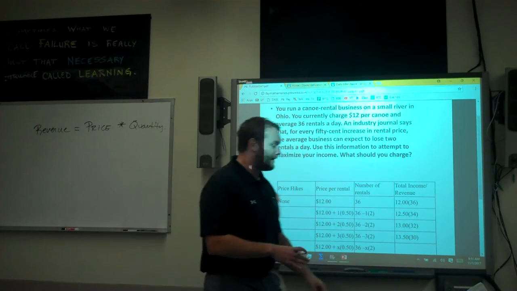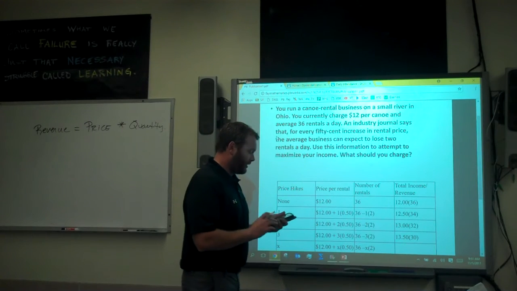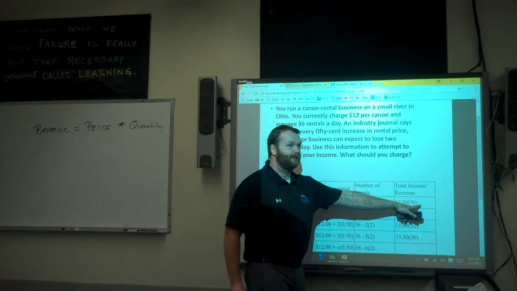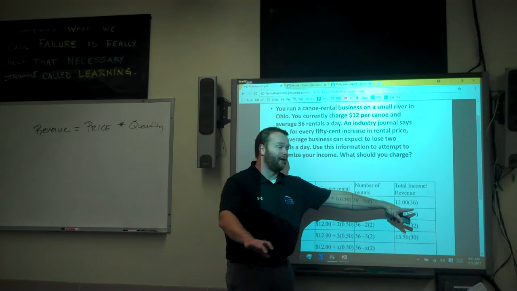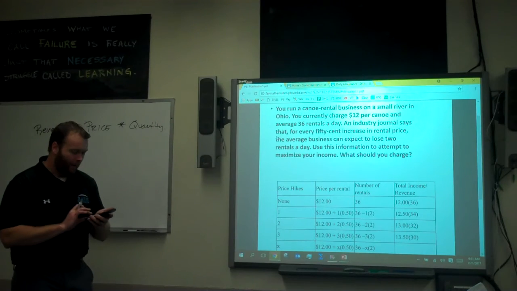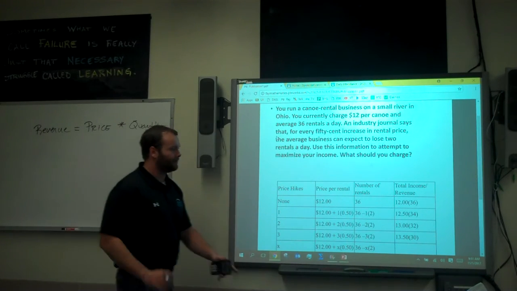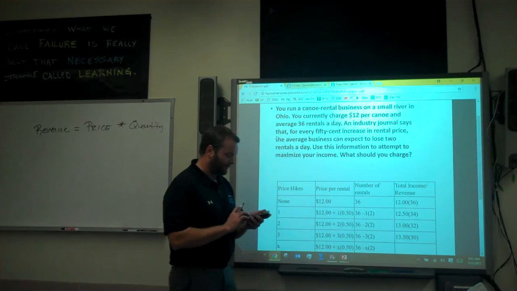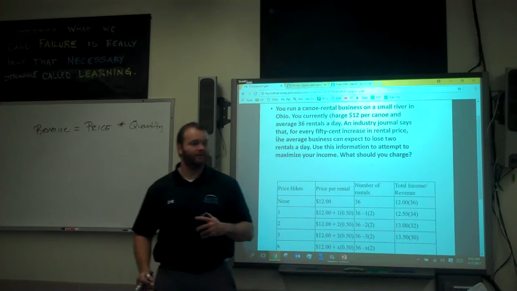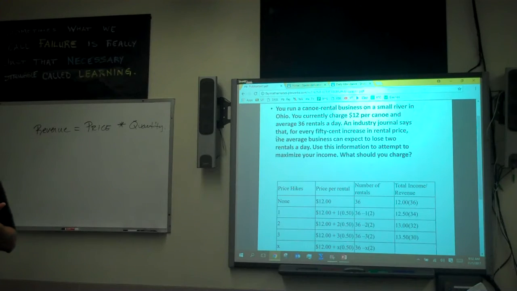So even though I made an increase and I lost customers, if I go 12 times 36, that number right there is $432. So not changing anything with my business, I make $432. Well, if I make one price increase and I lose 2 customers, I go to $425. So I lost money, right?